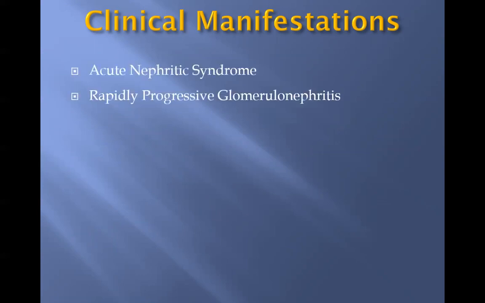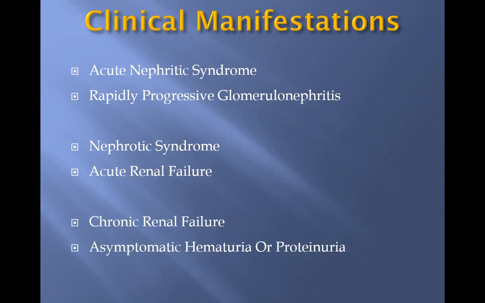They are acute nephritic syndrome, rapidly progressive glomerulonephritis, then nephrotic syndrome, then acute renal failure, then chronic renal failure, and then asymptomatic hematuria or proteinuria.